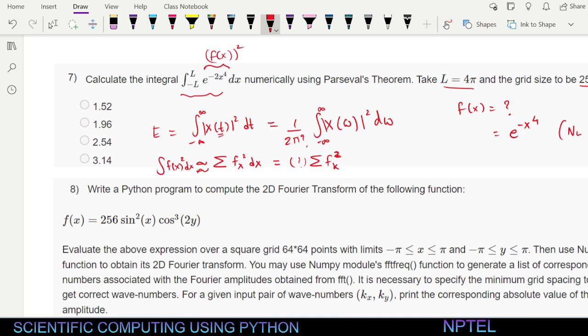Remember, sorry, it should be e to the power minus x to the power 4, not minus x square, because when you square this, you get e to the power minus 2 x to the power 4. So we'll use this as f.